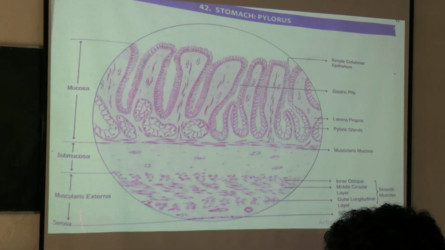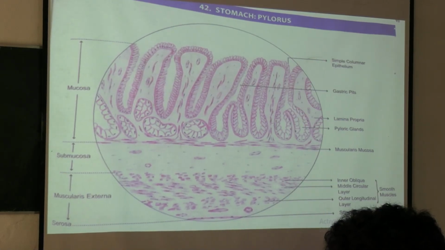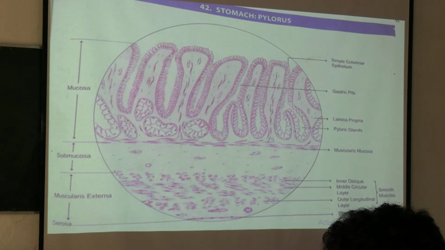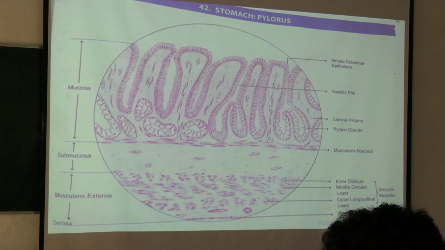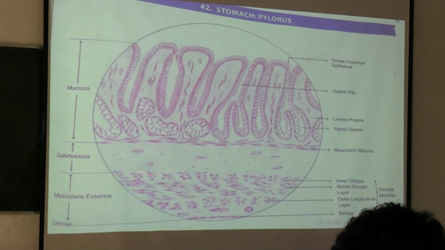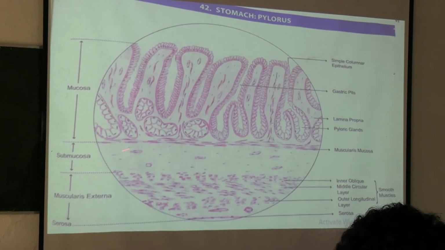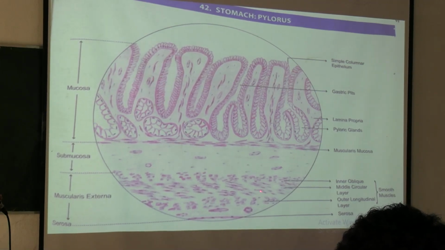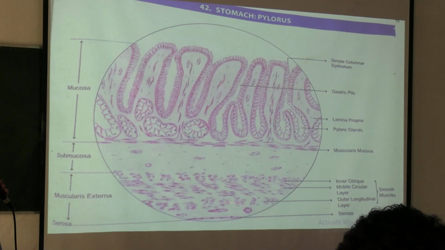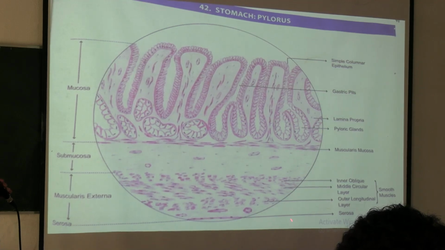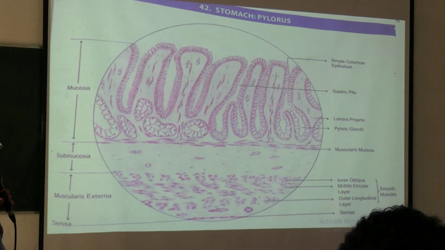Okay, so for the pylorus, you draw this diagram. You take a picture of this and you draw this one. Longer gastric pits, smaller gastric glands. These are the muscularis mucosa, submucosa, inner oblique, middle circular, outer longitudinal, and here is the serosa, sections of blood vessels.